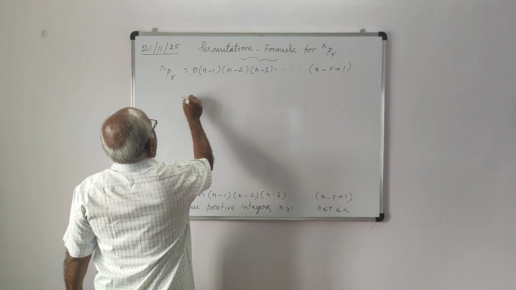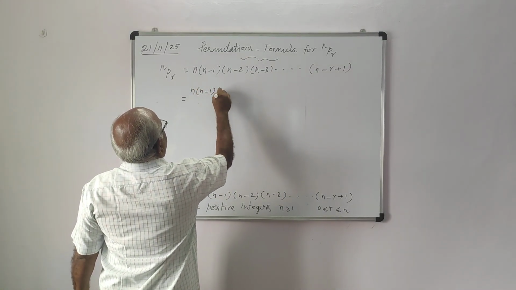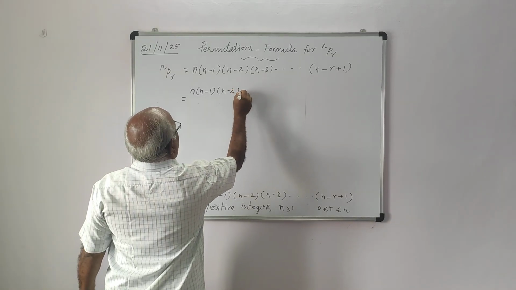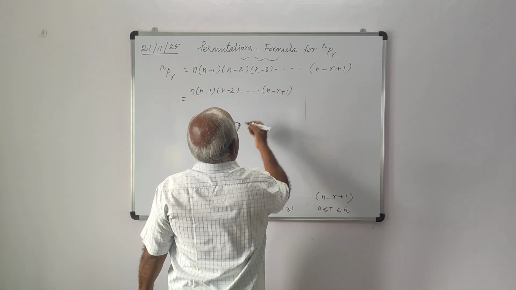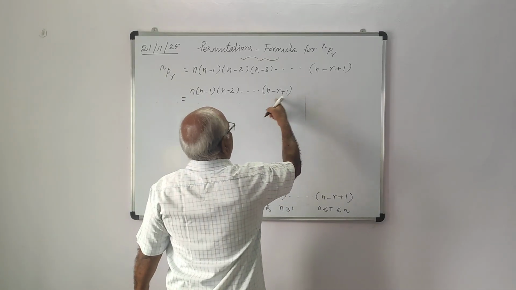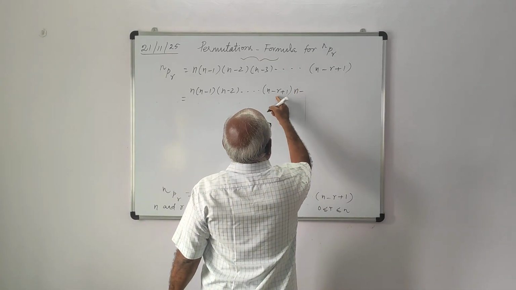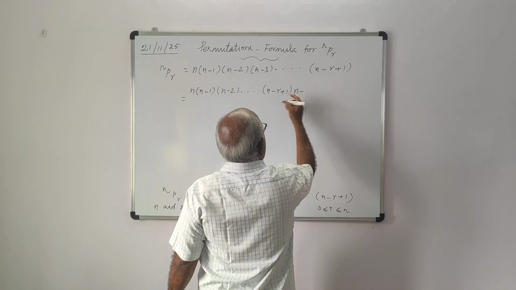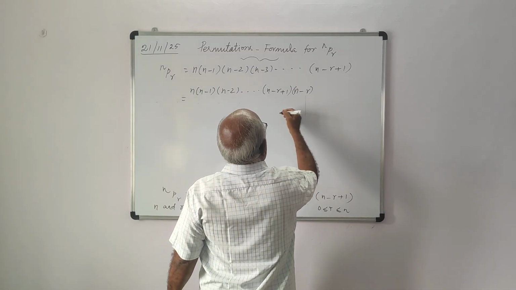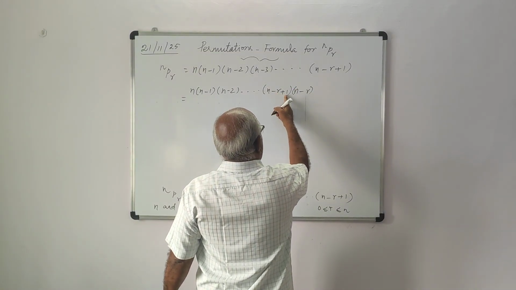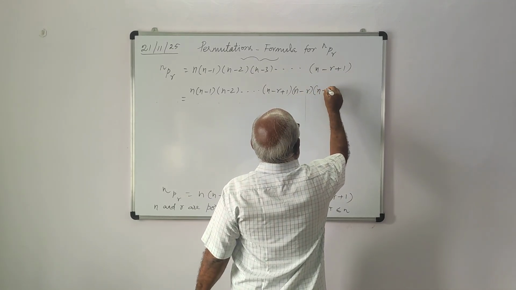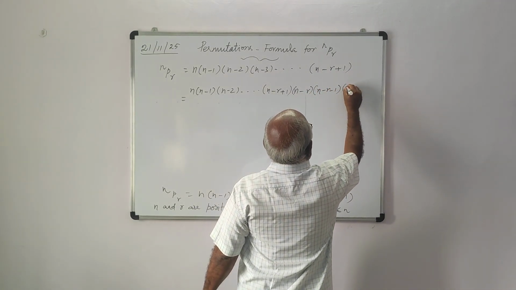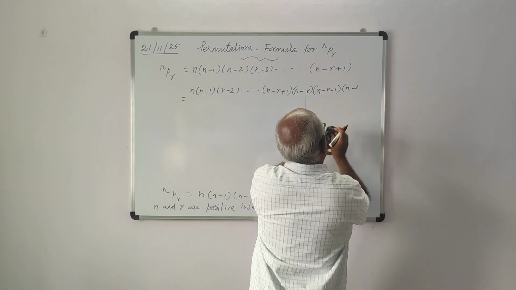And I am going to adjust the numerator: n minus 2, etc., n minus R plus 1. And the next term I am going to introduce is n minus R. If in n minus R plus 1 I reduce 1, I will get n minus R. And next term n minus R minus 1, and next term n minus R minus 2.